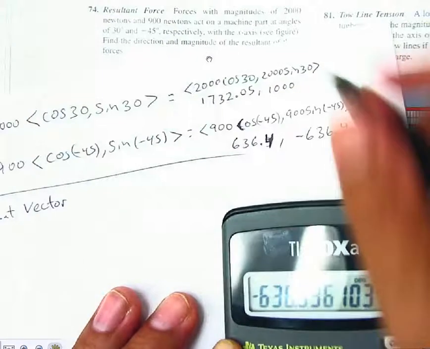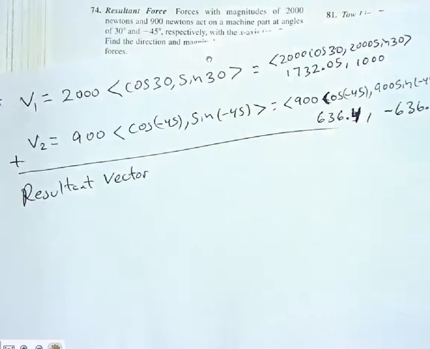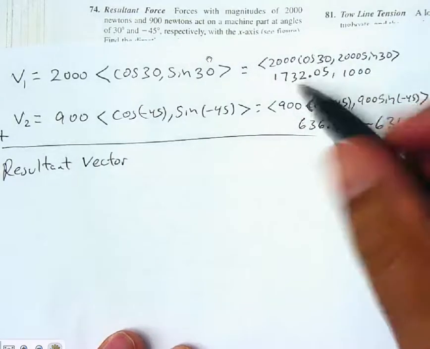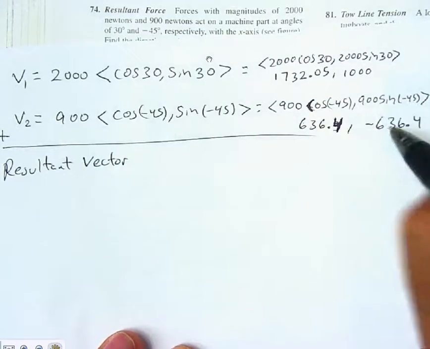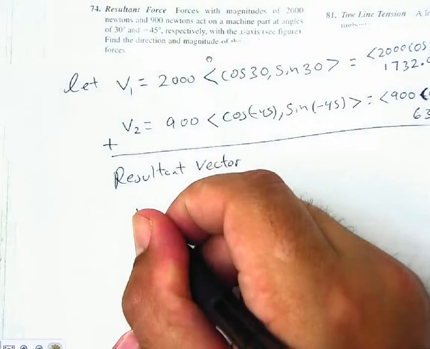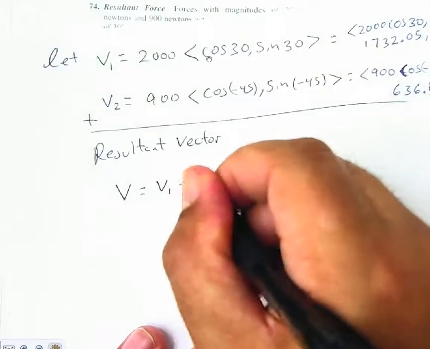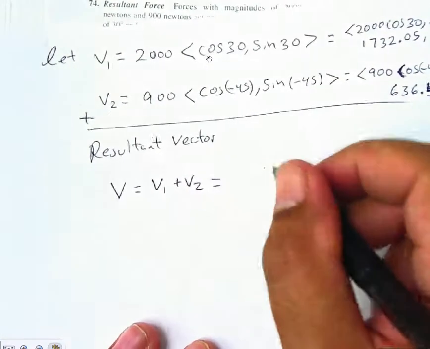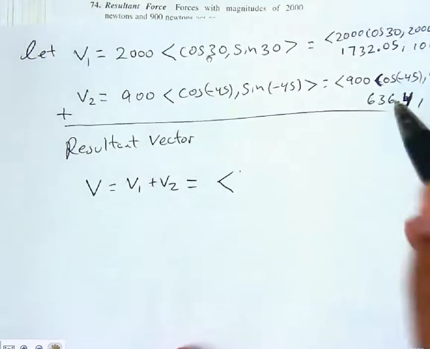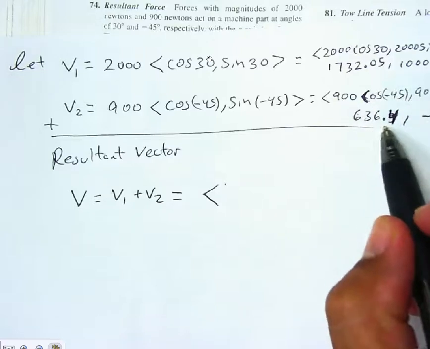Okay, now I can add both of them and get the resultant vector. The way we add them is we add the horizontal with the horizontal and the vertical with the vertical. So let's do that. We have 1732.05 plus 636.4.